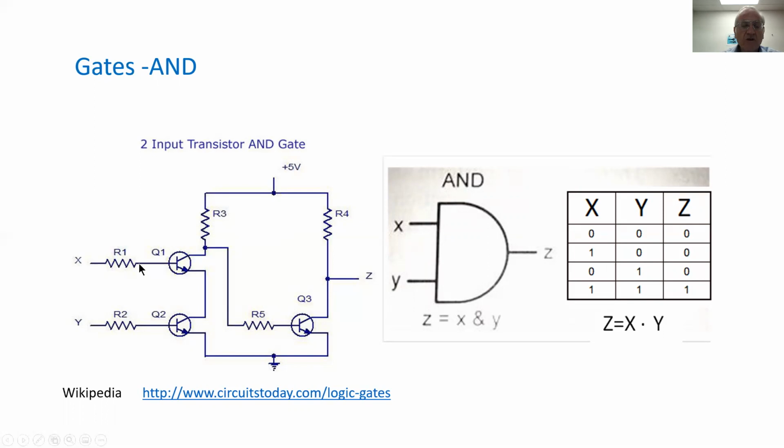So if either one of them is not active, the transistor is going to be disconnected, short-circuited, and there is not going to be any current flowing into this transistor, which will set up Z to high.